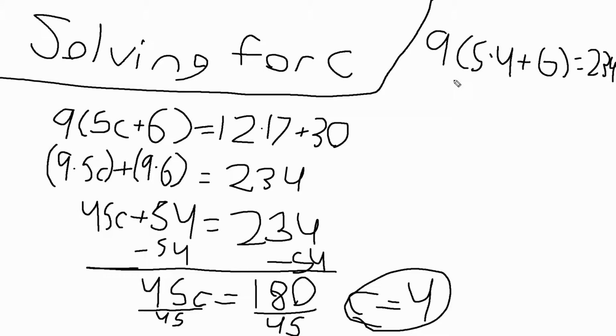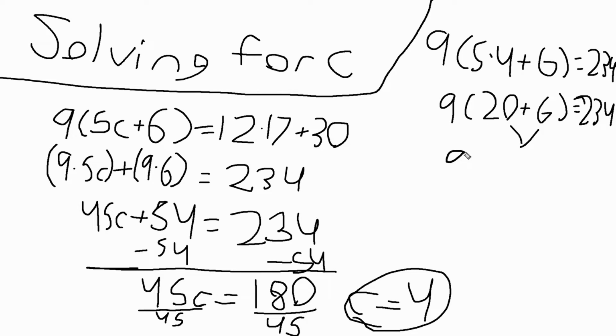So what we know is we can do 9 times 20 plus 6 equals 234, because we know 5 times 4 is 20, and then we add 20 and 6 over here to make it 9 parentheses 26 equals 234.